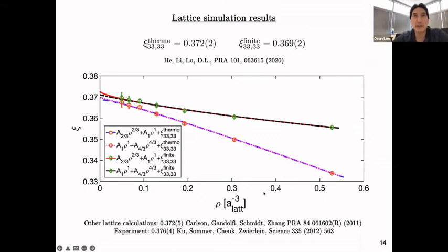So we can do some calculations of what this Bertsch parameter is. There have been several other calculations that have looked at this as well. This was the first, I would say, very careful calculation done by lattice simulations by Carlson, Gandolfi, Schmidt, and Zhang in 2011. We did some calculations more recently, taking 66 particles.